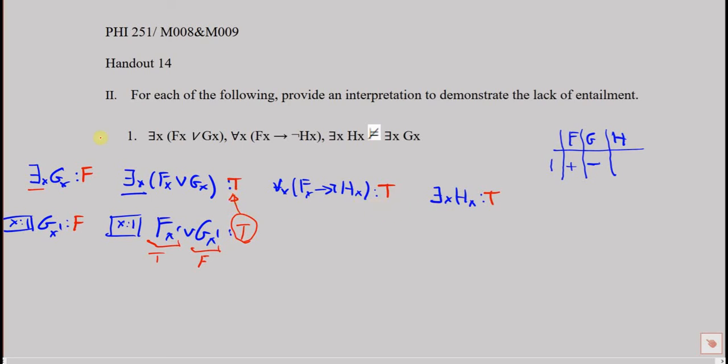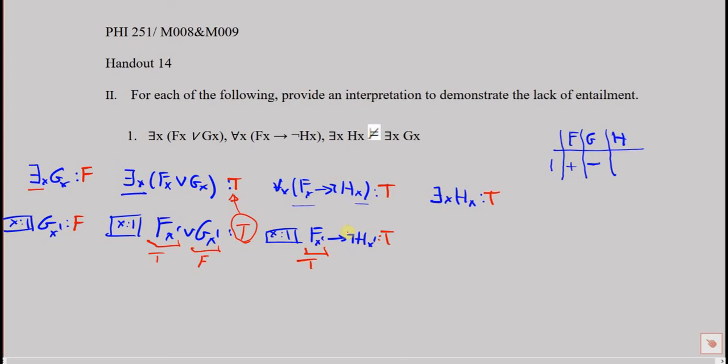Good. So move to the universal. Now you need to make sure that this thing, Fx arrow not Hx, is true for every value of x. And at this point, there is only one value for x, right? So make sure that Fx1 arrow the negation of Hx1 is true. On this interpretation, Fx1 is true. So we need to make sure that not Hx1 is true.